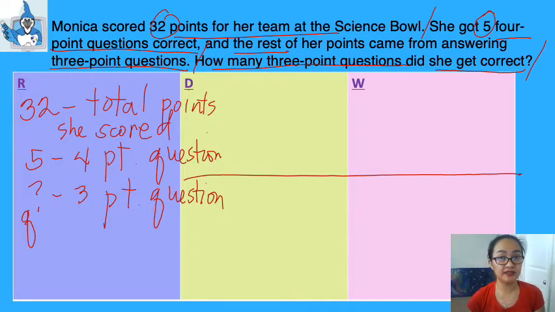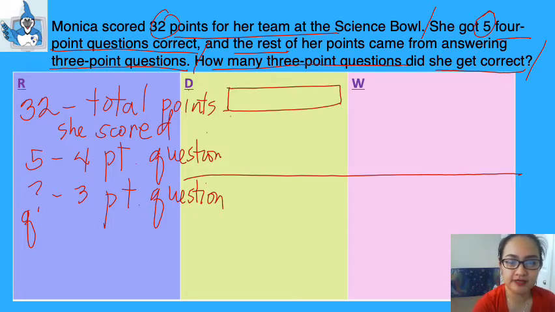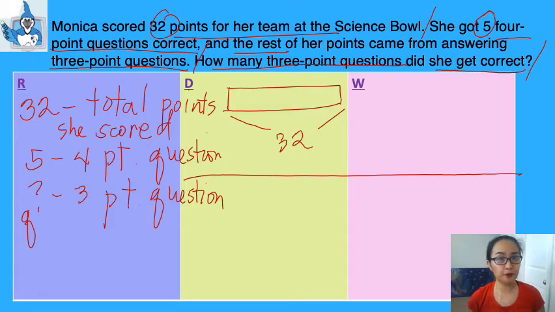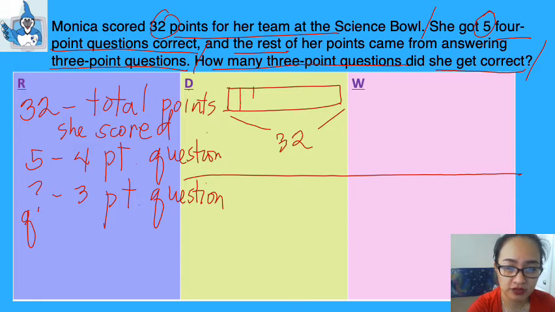Okay, I'm going to divide that because I know that this is a 2-step word problem. Okay, so we know that the total points, we have 32. Now we also know that there's 5 4-point questions. So why don't we make 5 4-point questions? 1 question, 2, 3, 4, 5.